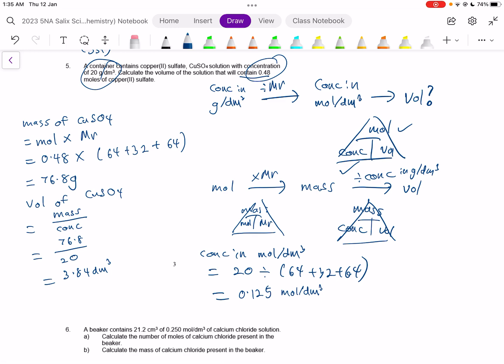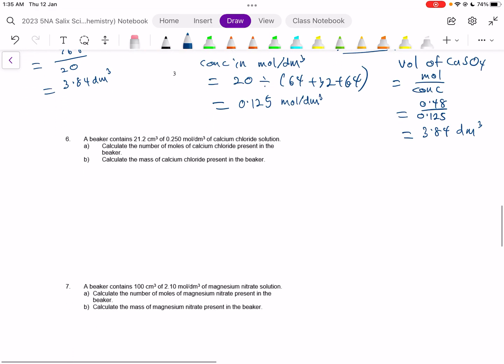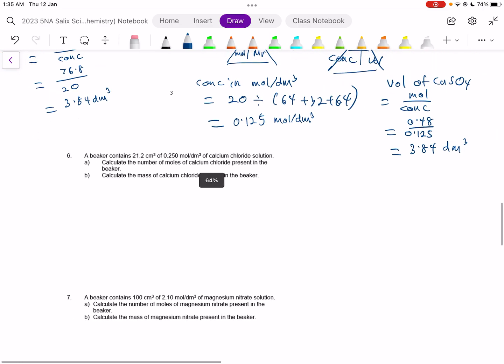After that, for the volume, you take mole divided by concentration. Exactly the same answer with units. Okay, we are down to the last two questions.